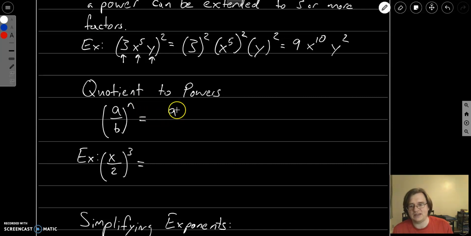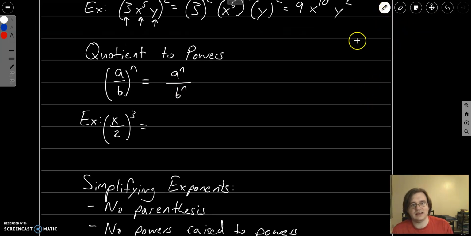So this is going to be a to the nth power divided by b to the nth power. And just to demonstrate, I can take x to the 3rd power divided by x squared, divided by 2, and here this will be x to the 3rd power divided by 2 to the 3rd power, which is going to be 8. If I wanted to, I could do this a long way.